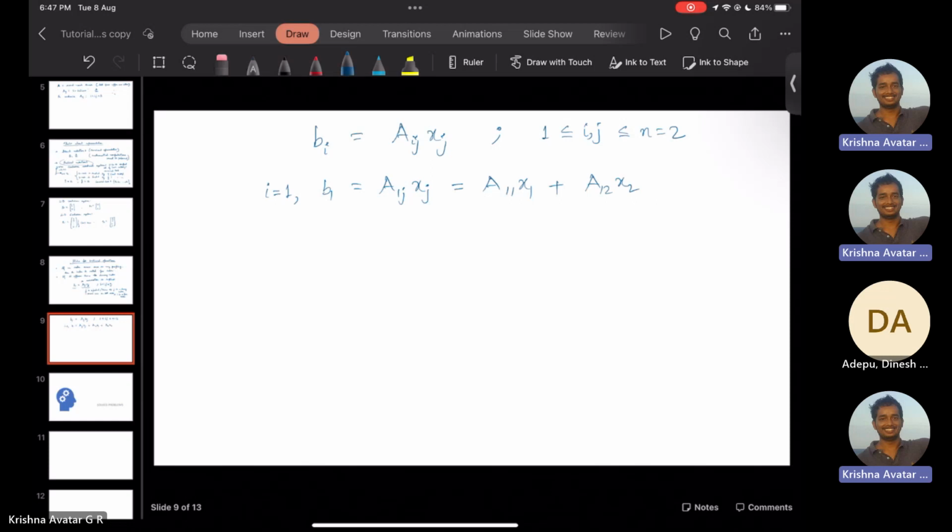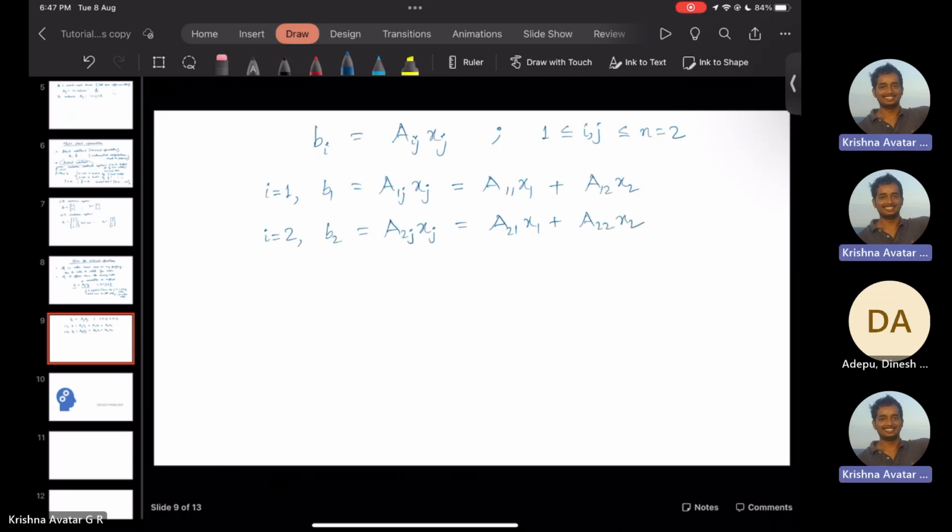Now i is also allowed to run from 1 to 2. However, it being free in nature, let's take the second value of i, which is 2. Then we will have b2 is equal to a2j xj. And again since j can take values from 1 to 2, we'll have a21 x1 plus a22 x2.